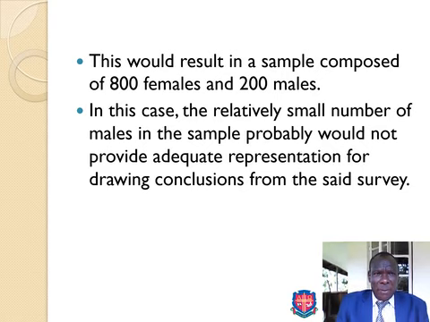It's possible if you are studying bigger units. For example, right now there are about 40 universities in Uganda. If you want to study universities in Uganda, you can decide to study all of them, because they are only 40. But if you want to study the students in those universities, the population becomes too big.